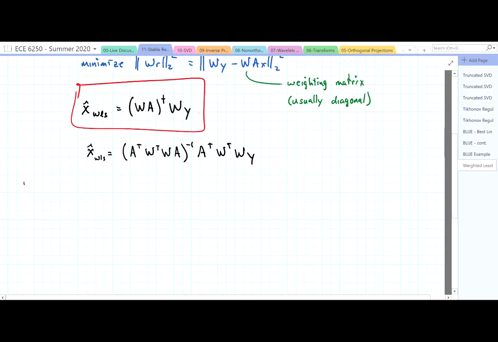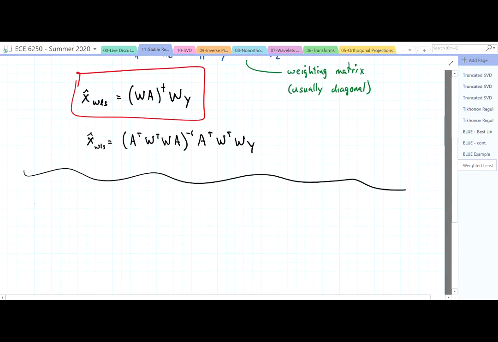Before we go too much further, this is no longer just weighted least squares, back to BLUE.